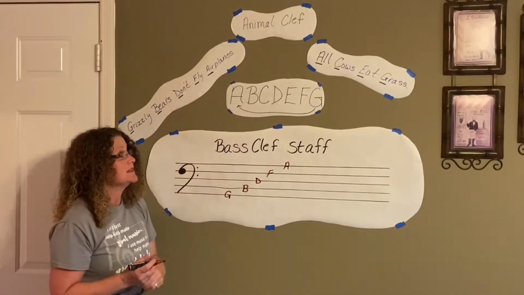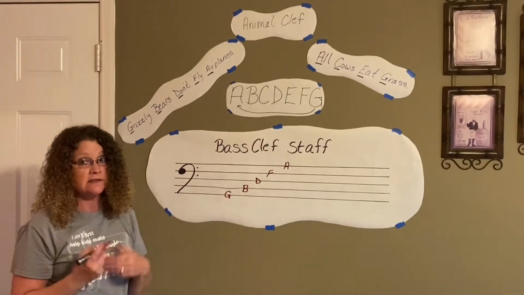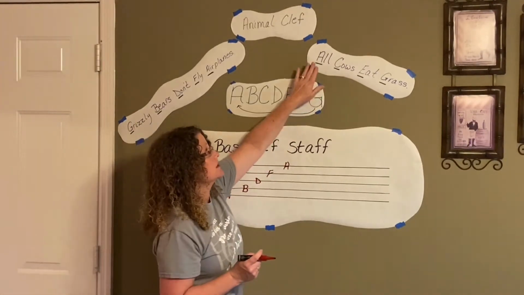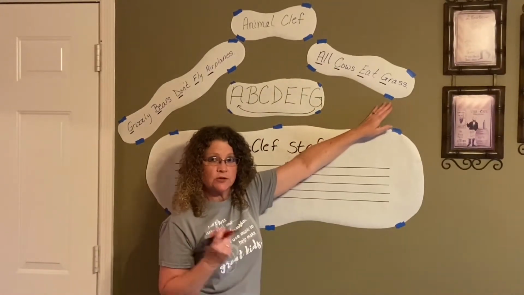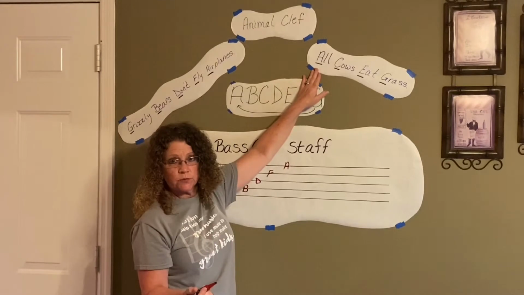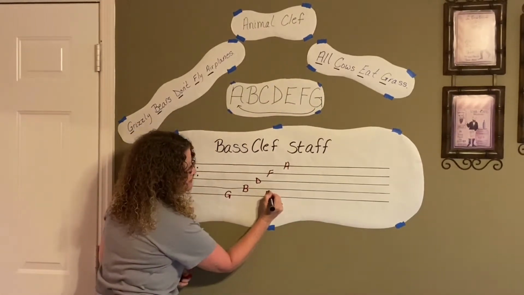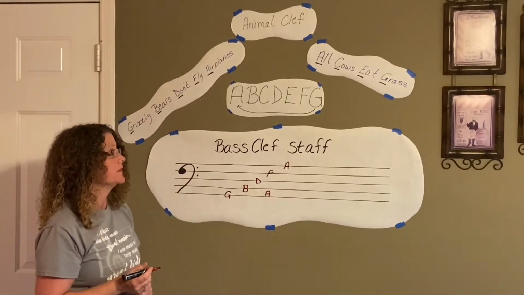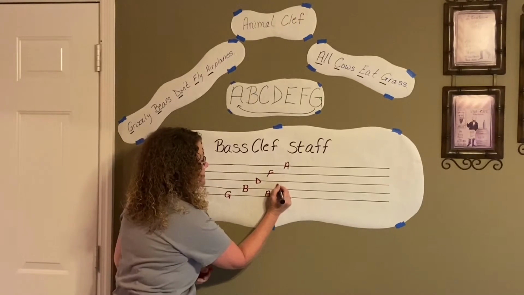For your spaces with the bass clef, the spaces also are a sentence, not just a word. And that is, all cows eat grass. So again, we take the first letter of the first word for space 1. All. Space 1 is A. Cows, C, is the second space.